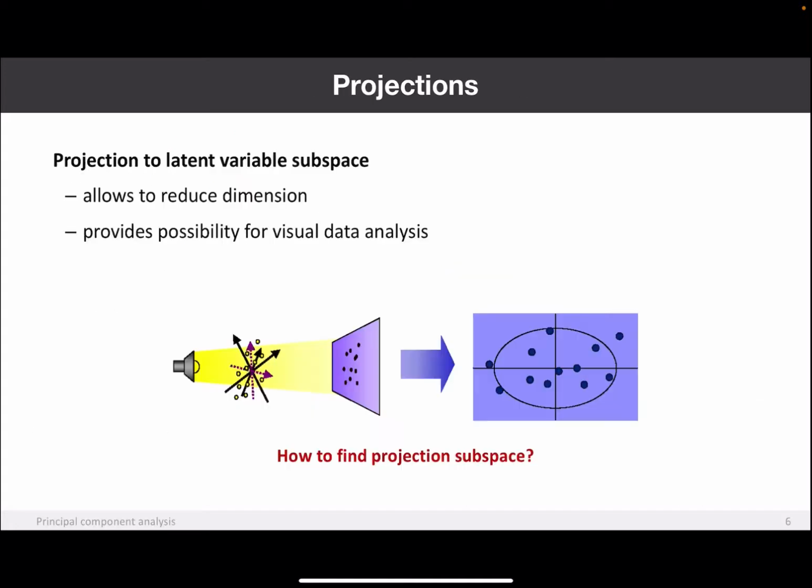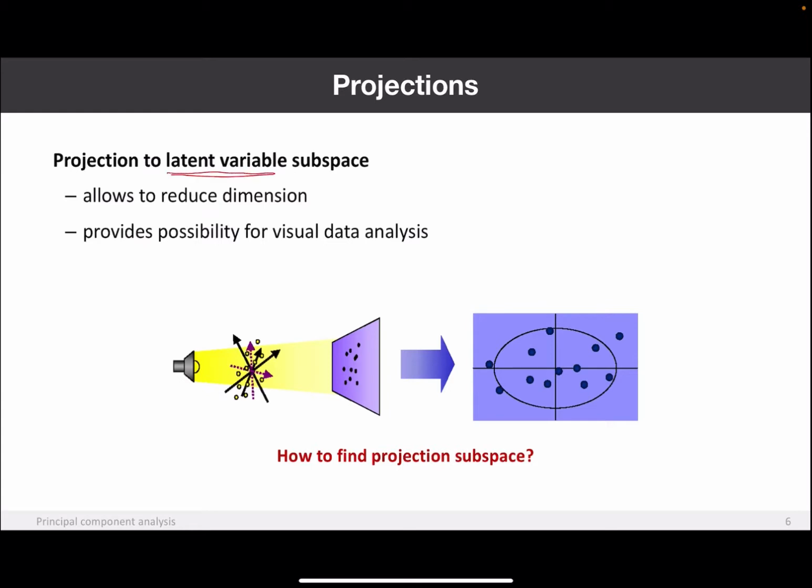So what to do? The idea is the following. If we have too many variables, let's reduce them. Let's change the number of variables from too many to few. The idea is that very often, we can do that without compromising the quality of the representation of your data values. And that is done via latent variables.